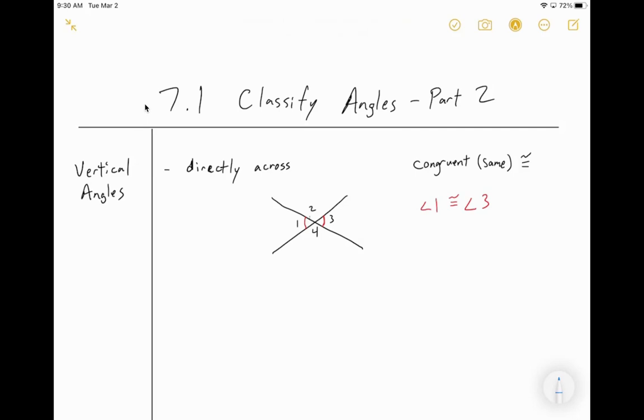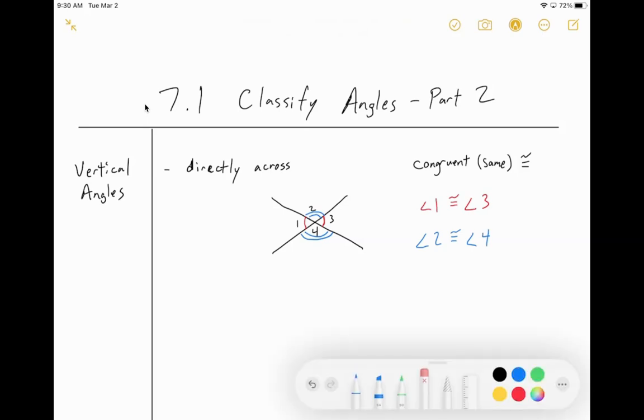So on this one, I'm going to put two blue lines. So anything that has the two blue would be the same. So angle 2 is congruent to angle 4. Can we be a little bit more consistent here? I'll put that on the outside as well.